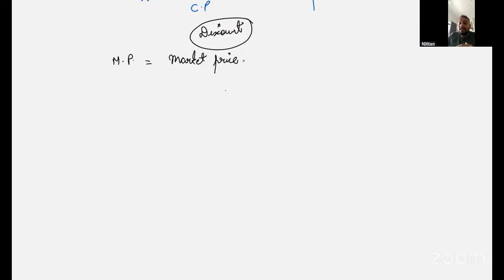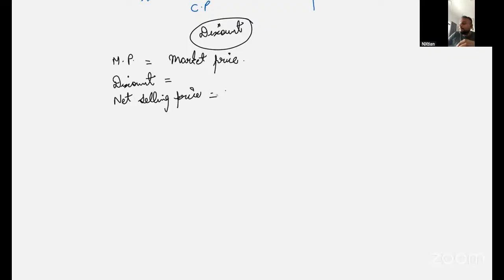List price means the price which is without discount. And then discount, we'll learn about the discount, like 20% discount, 80% discount, 90% discount. And then one is net selling price, which is the price after the discount.